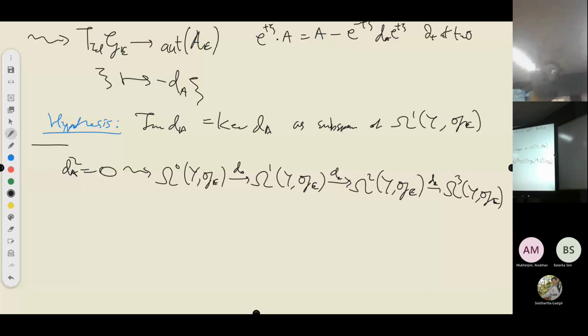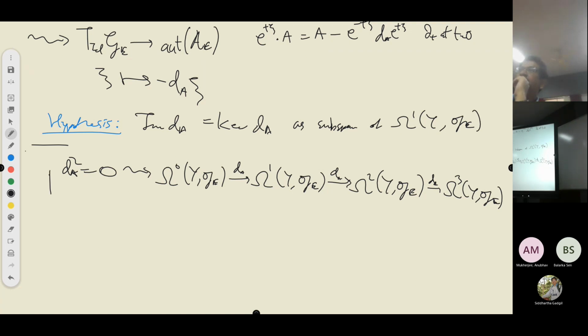All I've changed is that instead of asking for everything to be real valued, now I've asked them to be valued in this little g_E, and I still have that it's a complex. And it turns out that if you go about it, you can still come up with things like Mayer-Vietoris and such, to tell you that all the cohomology groups of this are finite dimensional.